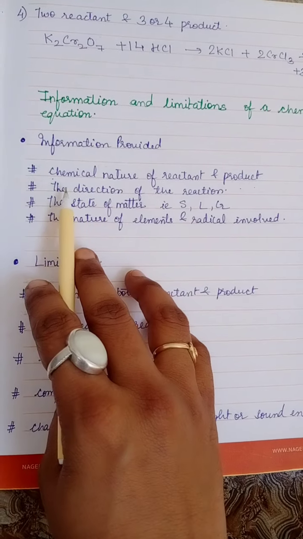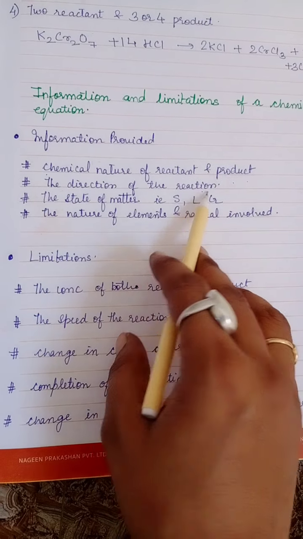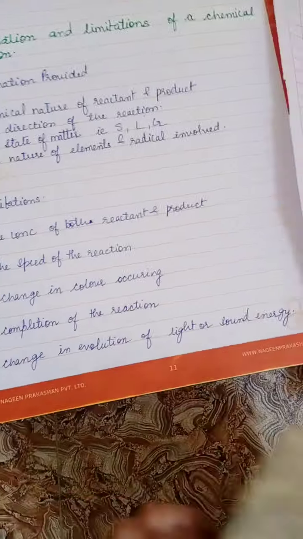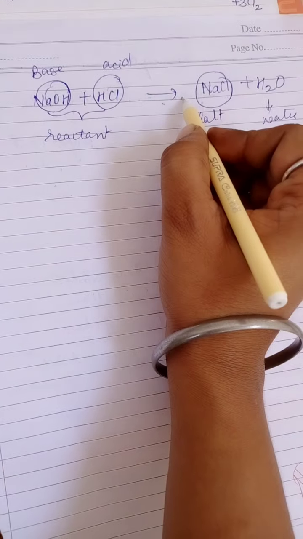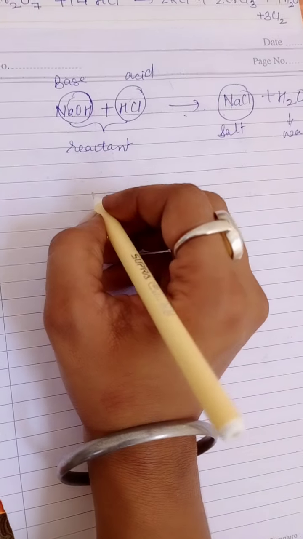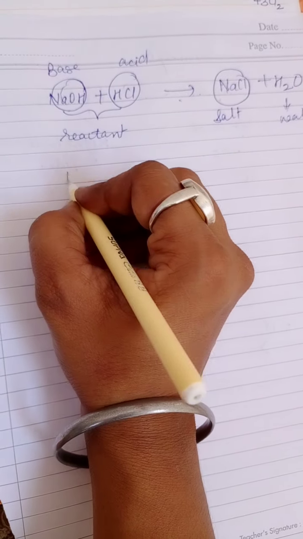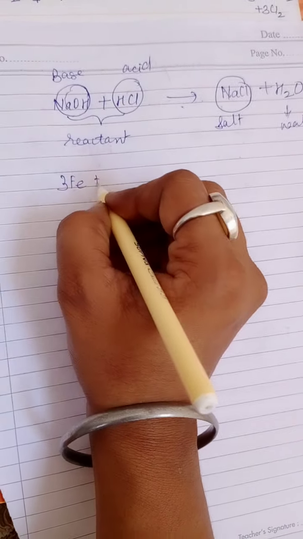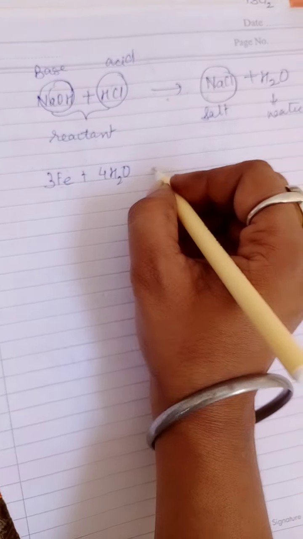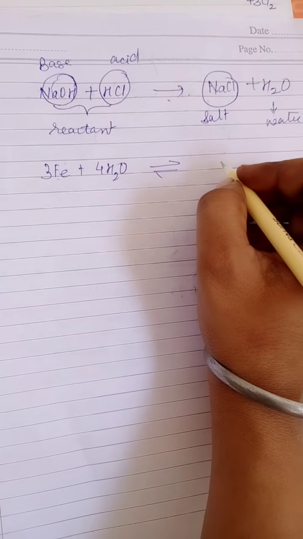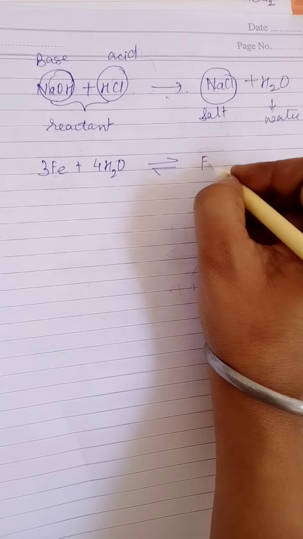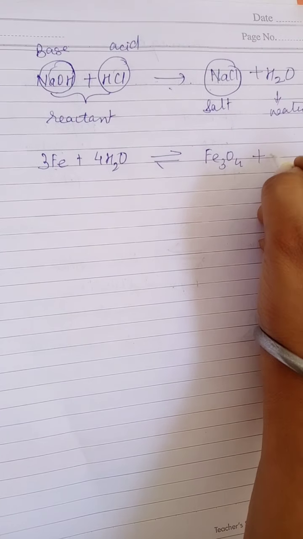Secondly, it provides the direction of the reaction. I have already explained what the direction of the reaction is. You may have a single-headed arrow in a chemical equation, or sometimes the reaction is represented like this. I am giving you the example of iron. When you pass steam over it, it will form Fe3O4 plus 4H2.